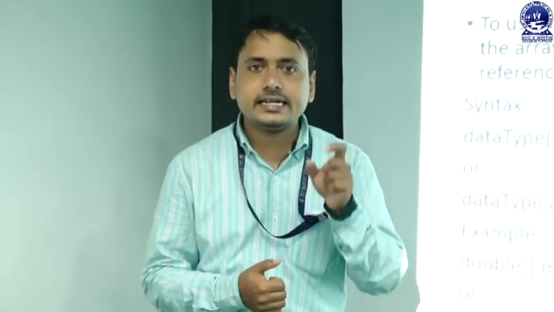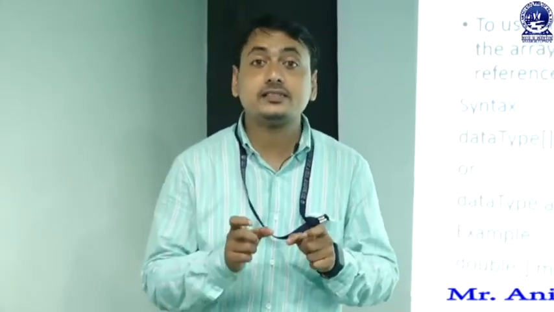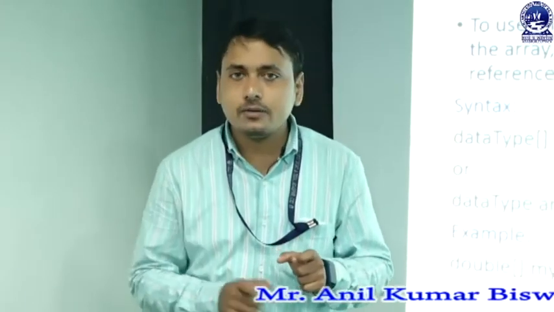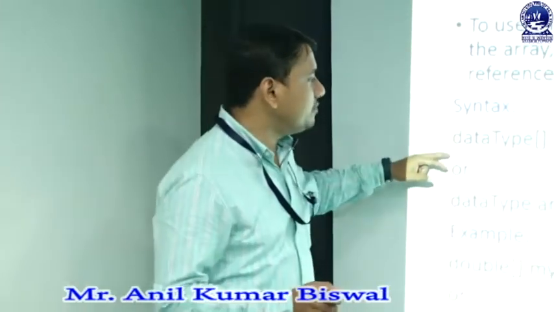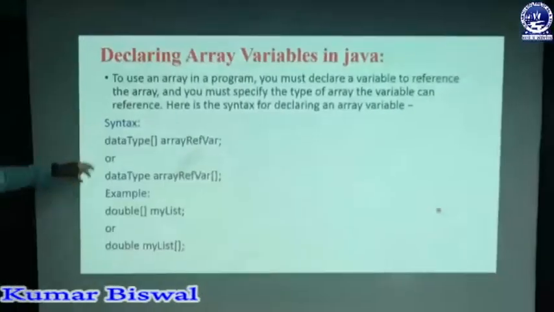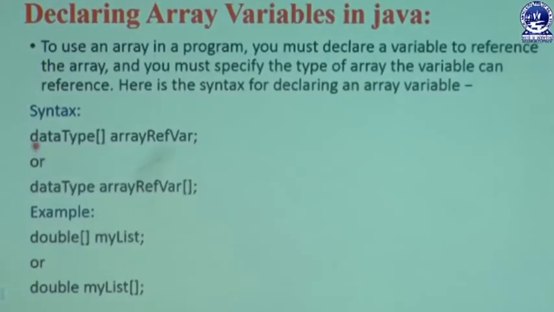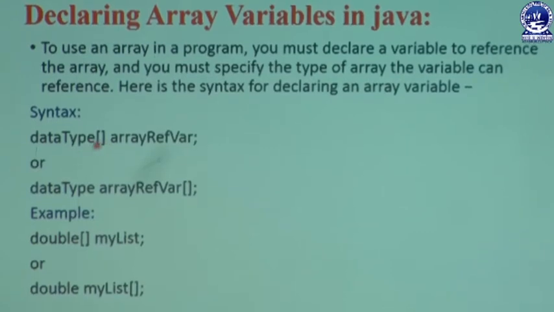First we declare the type of elements we are going to use in our program, so first of all we mention the data type, then the subscript, meaning the square brackets, then your array variable.